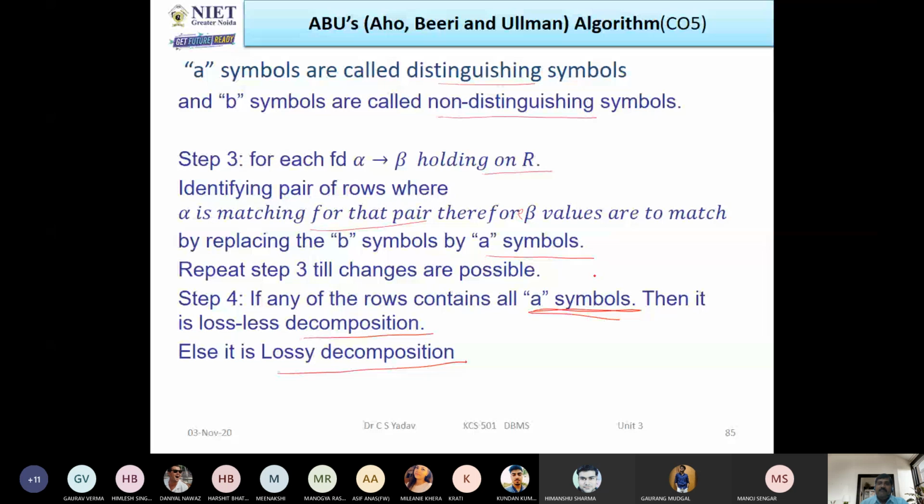If any of the rows contains all a's, then we will say that it is a lossless decomposition, otherwise it is a lossy decomposition. Okay. Now I am going to solve a question, then you will understand this algorithm in a better way. Okay.